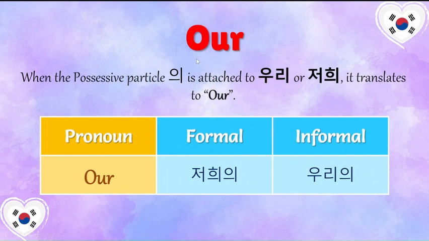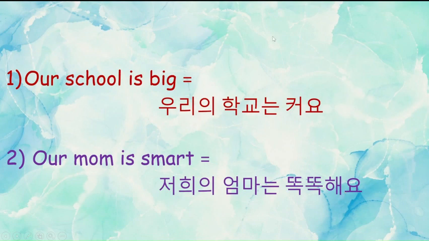In Korean, if you want to say our, you have to attach the possessive particle 의 to 우리 or 저희, and it translates to our. So in case of a formal situation, our is 저희의 and in case of informal, 우리의. So if you want to say our in the Korean language, how will you say it? Uri or chohi, and what do you attach to it? The Korean possessive particle, that is 의. And when you merge and attach them, the translation becomes our.